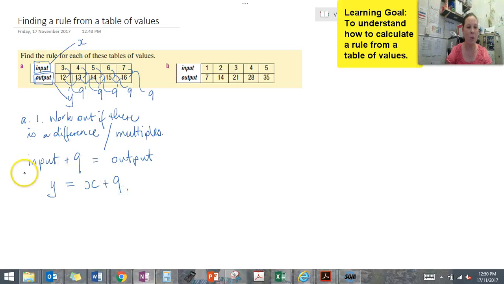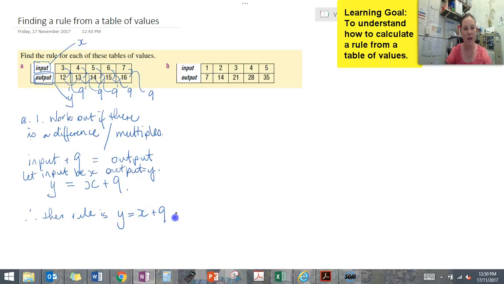So remember we were calling the input X and the output Y. Okay, that's what we've decided they would be. So therefore the rule is Y equals X plus 9, and that's our rule for A.